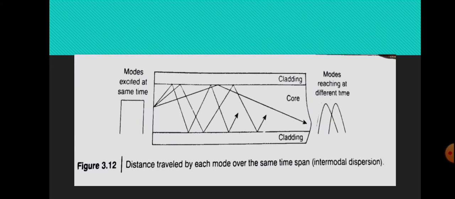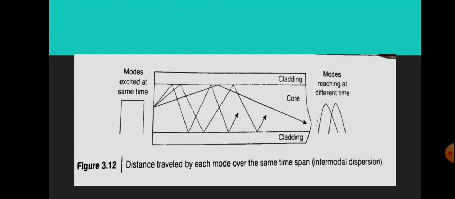and here we are explaining the intermodal dispersion with the help of a diagram that uses the ray theory of light. Here at the input side we are giving the modes excited at the same time, and these modes are traveling through the optical fiber, which is shown here, and you can see that each ray is traveling at a different path.